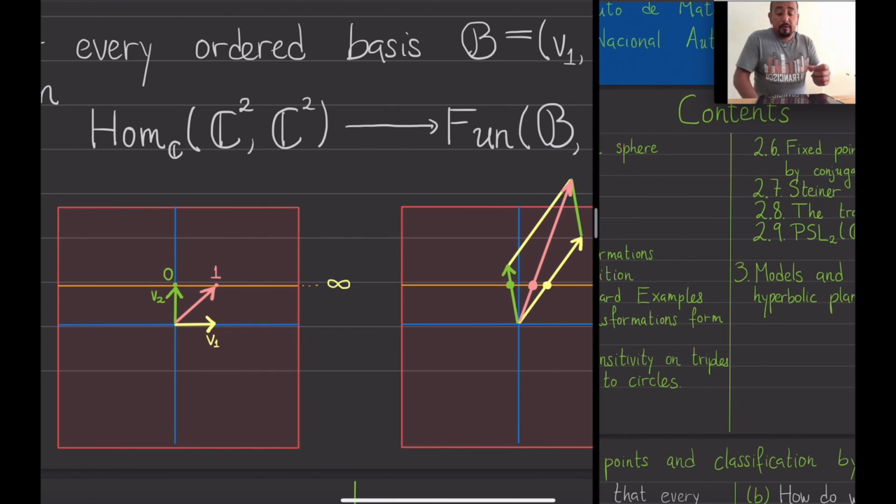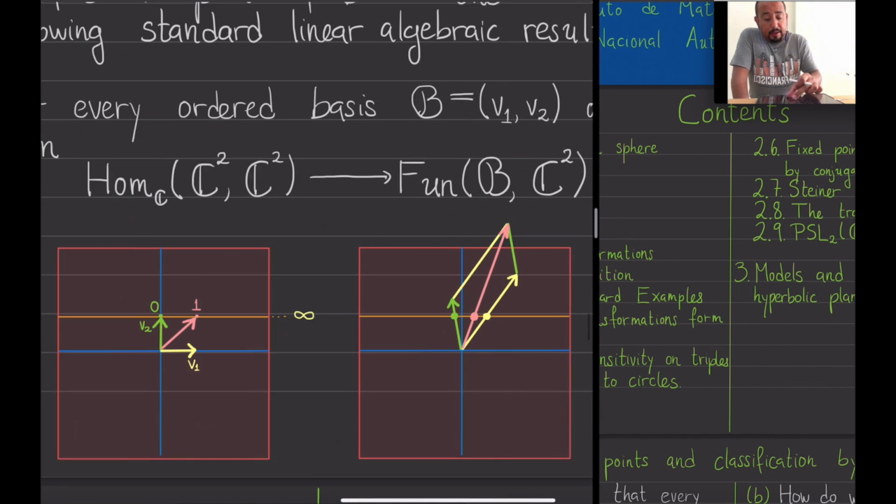Okay, so suppose we fix this basis, right? And then here, of course, you can see the sum of these two vectors, which is the vector (1, 1), which corresponds to the element 1 of C bar under this bijection between P1C and C bar.